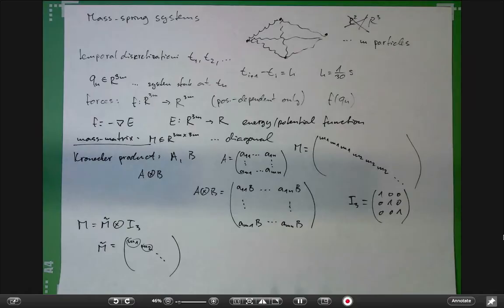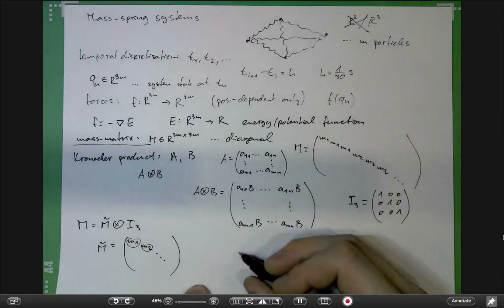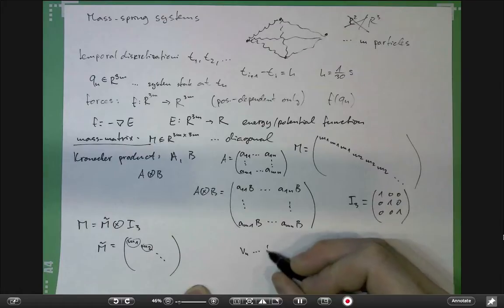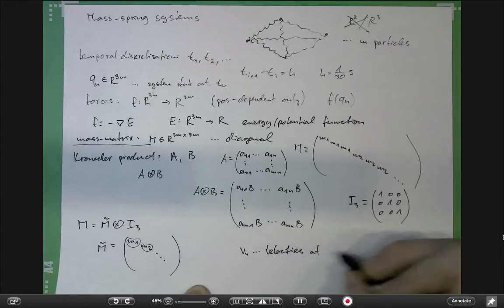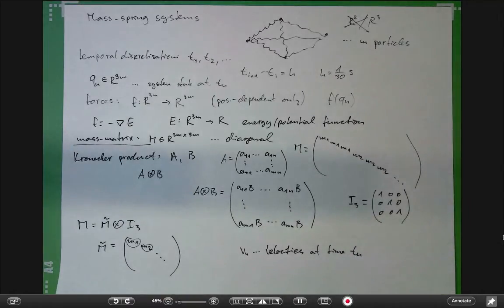And now we can quickly recap how the explicit Euler integration works. Now we have everything set up. I can denote Vn. Vn are going to be velocities of all the particles, velocities at time step Tn. How are the velocities computed?